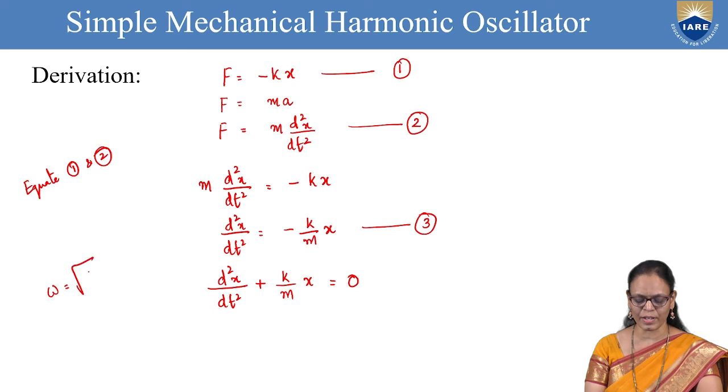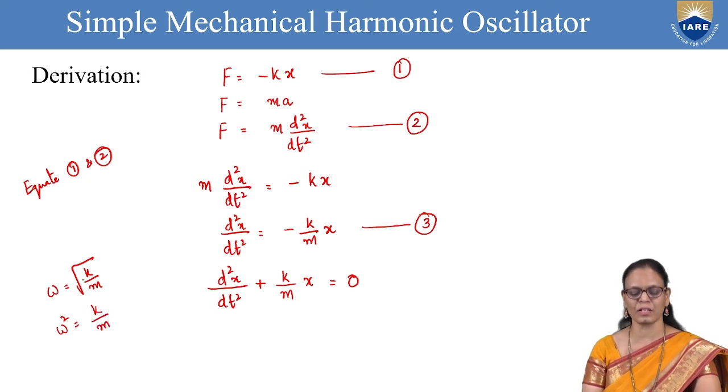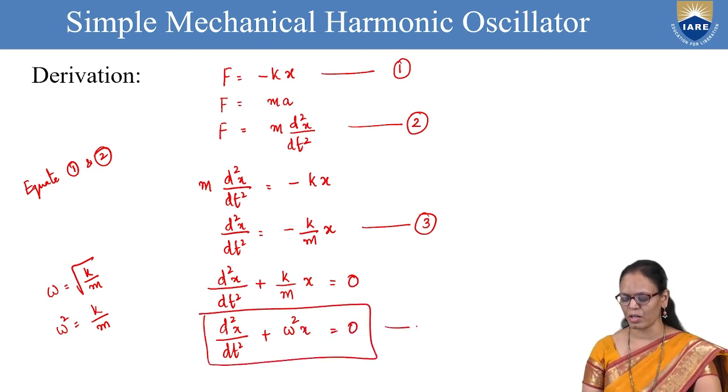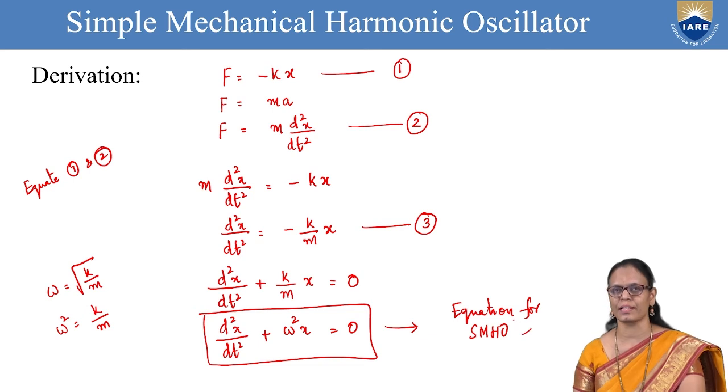Omega is equal to under root k by m, so omega square will be equal to k by m. So I can write this equation as d square x by dt square plus omega square x is equal to 0. This is the expression for a simple mechanical harmonic oscillator. So this is the equation for SMHO, the simple mechanical harmonic oscillator.